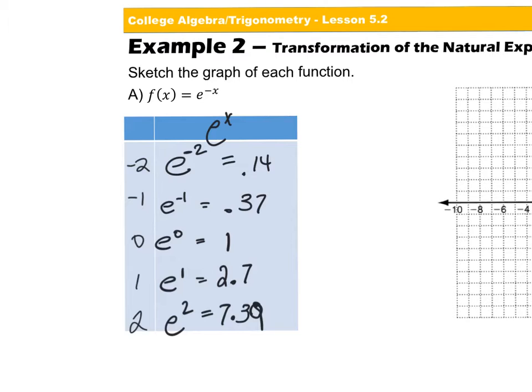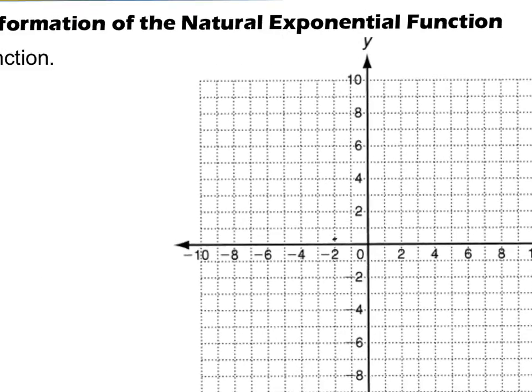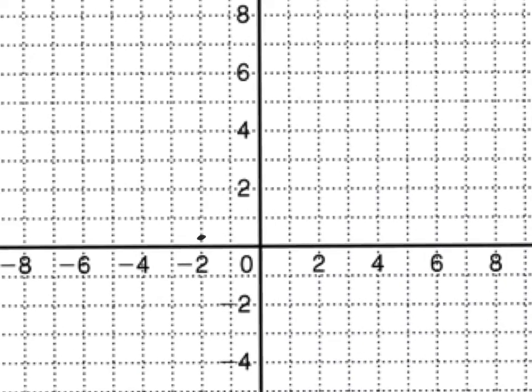I just want to show you something. So if I asked you guys to graph this at -2, you'd go to like 0.14. Do you know exactly what that is? No. It's closer to the 0 than it is to the 1, but just give an approximation. So then we have at -1, it's 0.37. It's a little higher. And then at 0, it's 1. And then at 1, it's 2.72, so it's a little closer to 3.